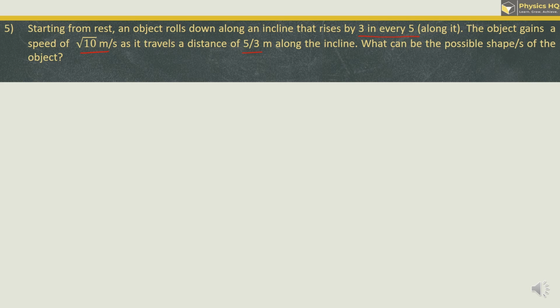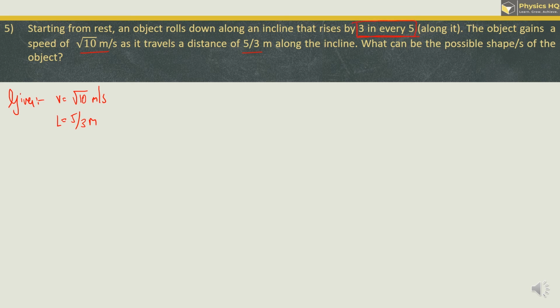Okay, so let us try and find out what is given over here. First thing that is given is velocity, which is root 10 meter per second. The distance it has traveled is 5 by 3 meter, and let us try and decode what is given over here.